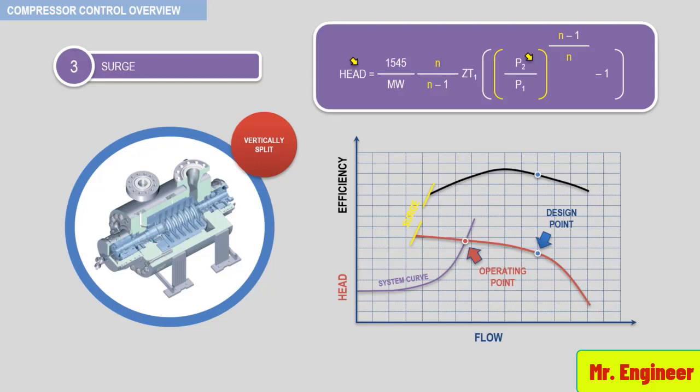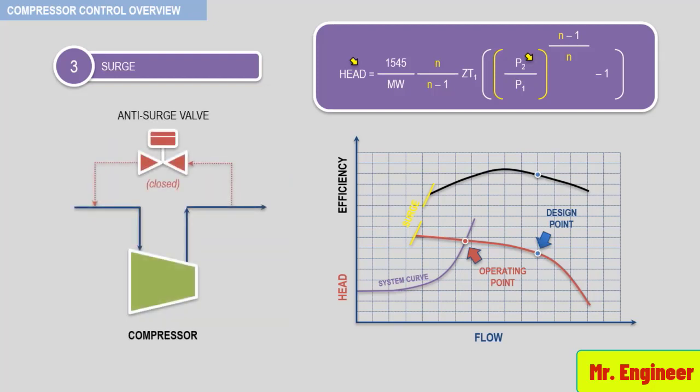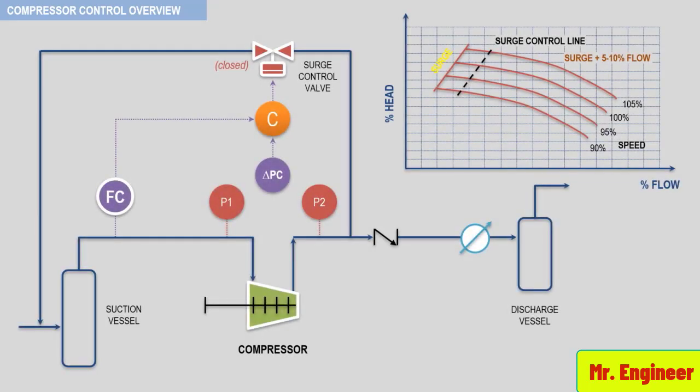The operation of reducing the discharge pressure of the compressor can be done rapidly by opening the bypass or surge control valve of the compressor. The following figure shows a typical schematic for a surge protection system. The surge controller that you can see here functions as follows.